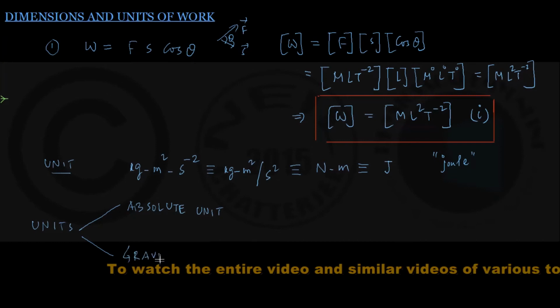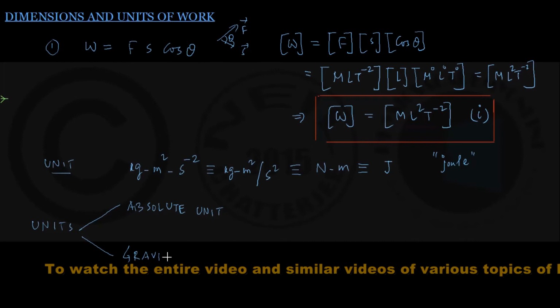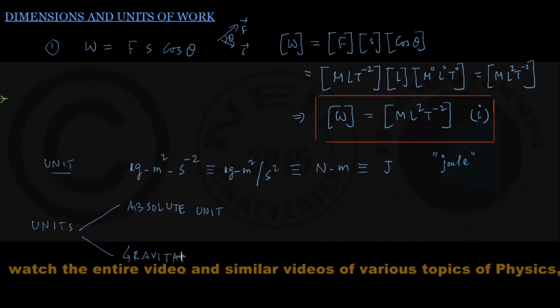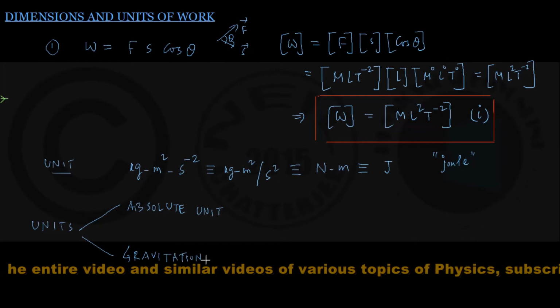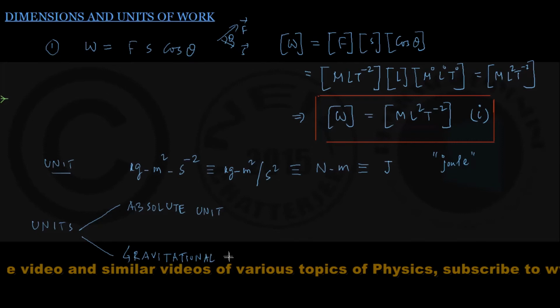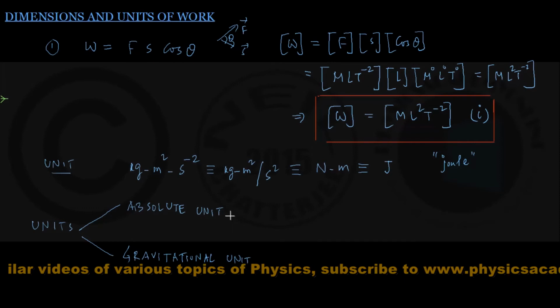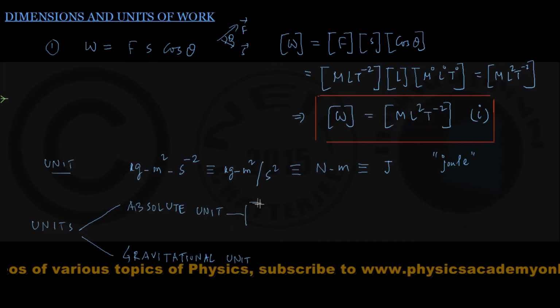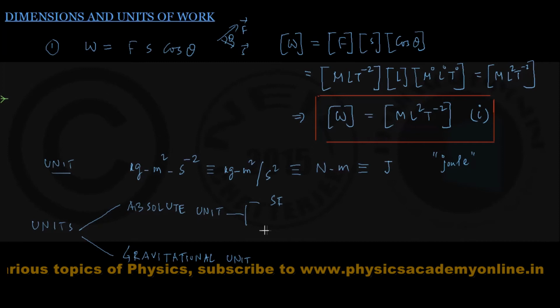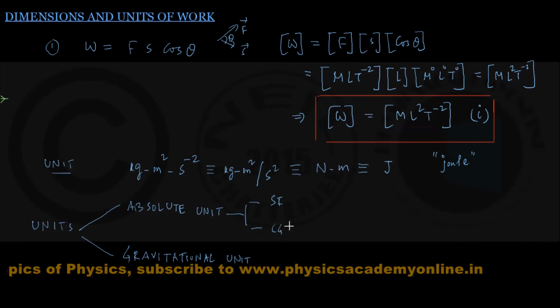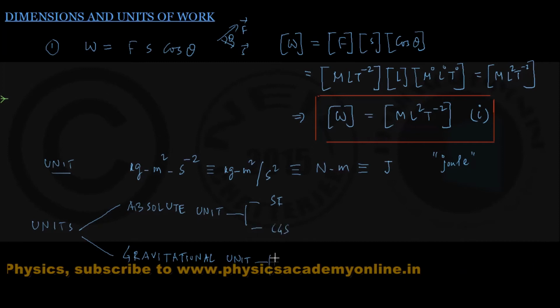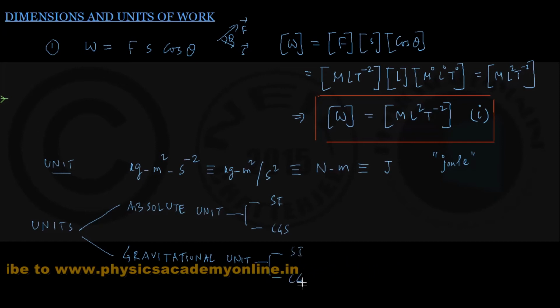The second type involves the concept of gravity. Each of them can be expressed either in SI, the International Modern System, or in the earlier CGS.